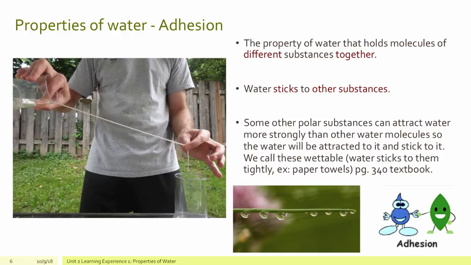Some polar substances can attract water more strongly than other water molecules, and then that water molecule will stick to that substance. We have an example here where a gentleman is pouring some water, and that water is sticking to the string and then traveling down and being emptied out into the jar below. And then we also have an example of water droplets sticking to the surface of the leaf and not falling off, and that is adhesion.